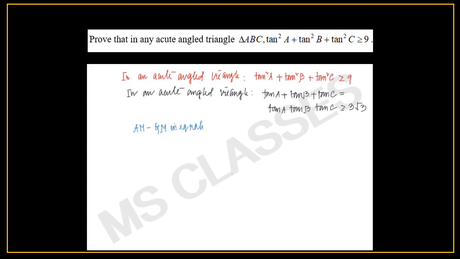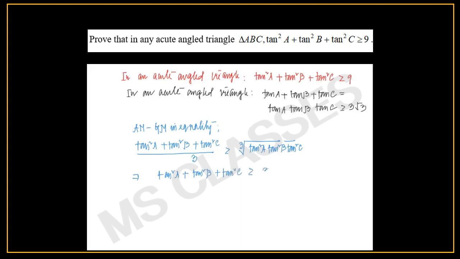So we'll be applying this AM-GM inequality on tan square A to tan square C. So tan square A plus tan square B plus tan square C whole divided by 3 is greater than or equal to cube root of tan square A tan square B into tan square C. Now from this, we can write tan square A plus tan square B plus tan square C is greater than or equal to 3 into that.